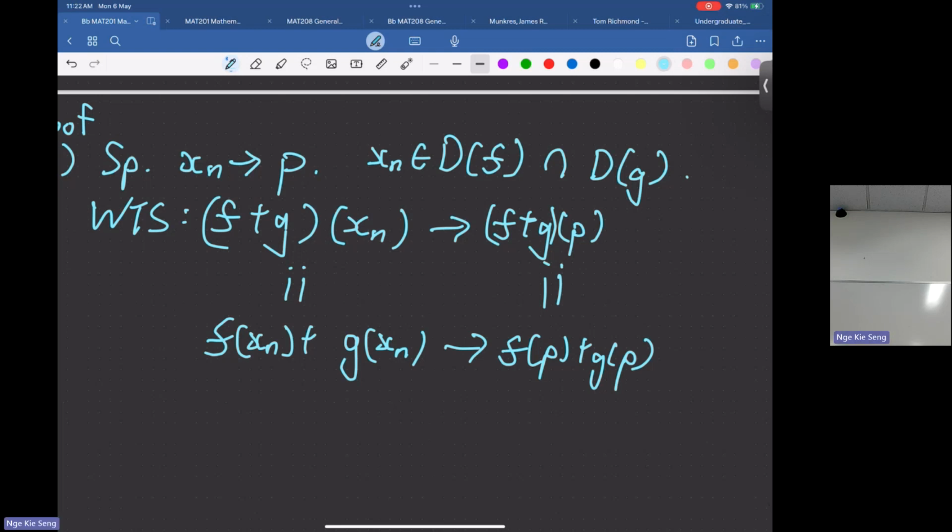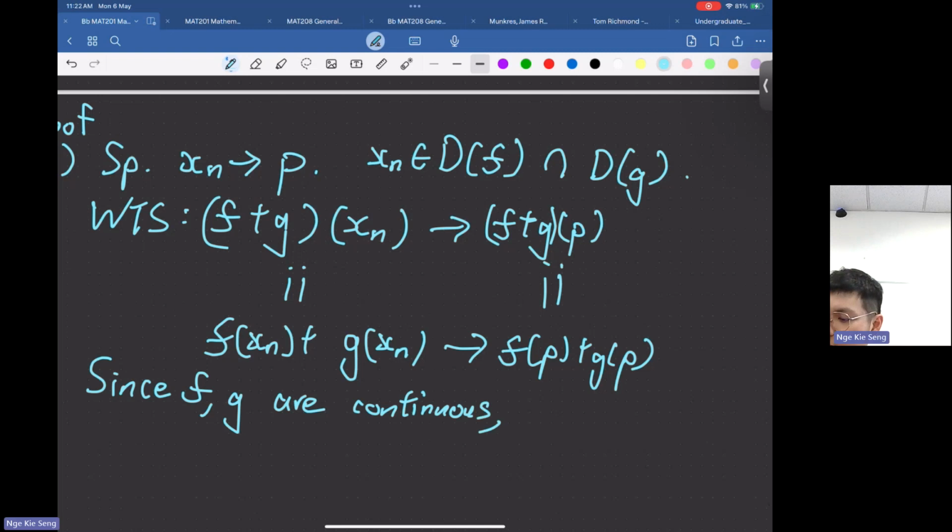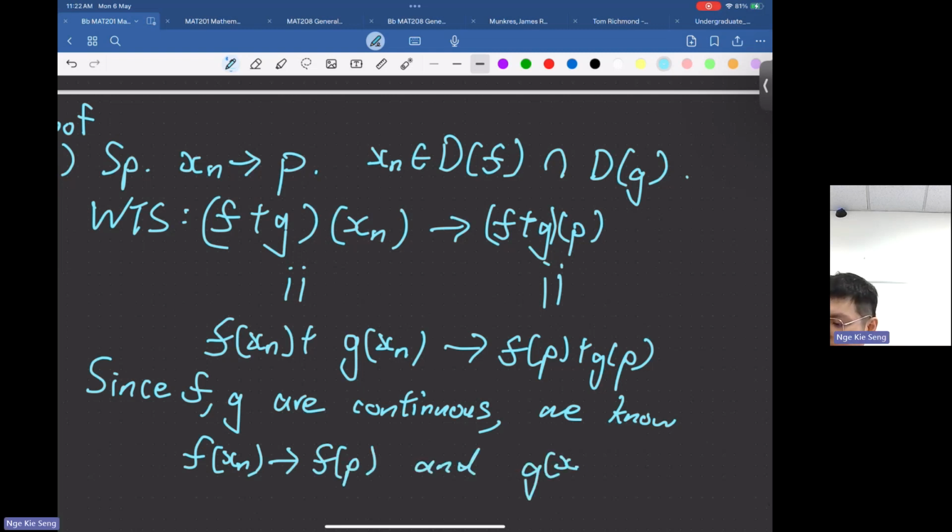Okay, let me write down. Since f, g are continuous, we know f(x_n) converges to f(p) and g(x_n) converges to g(p).